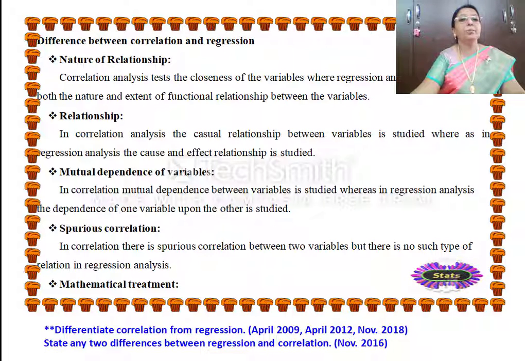Mutual dependence of variables. In correlation, mutual dependence between variables is studied, whereas in regression, the dependence of one variable upon the other is studied. Spurious correlation. In correlation, there is a spurious correlation between two variables, but there is no such type of relation in regression analysis.